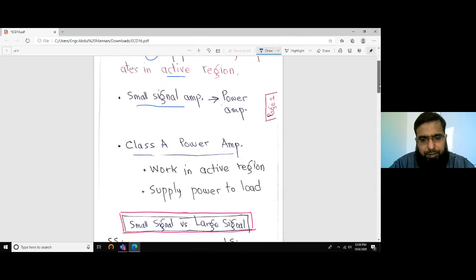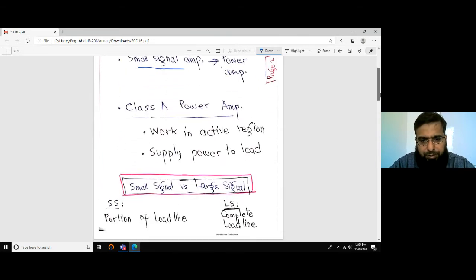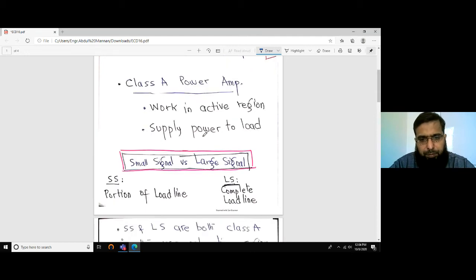Class A amplifiers work in the active region, we have already studied, and they supply power to the load. The difference between small signal and large signal amplifiers is that small signal amplifiers use a portion of the load line, whereas large signal amplifiers of class A use the complete load line.